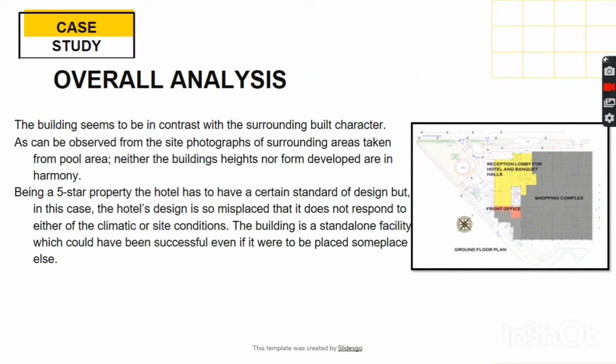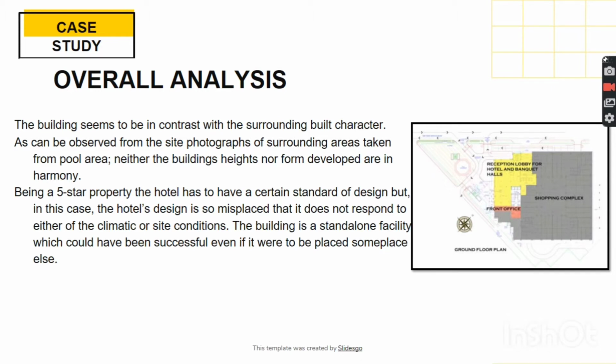Next step is case study. To study the typology better, a case study of Radisson Blu, Delhi was done. From that, I learned that while designing a hotel, there are some standards which need to be followed and kept in mind, and segregation of front and back areas and circulation of services, guest vehicles, guests and other things was learned here.